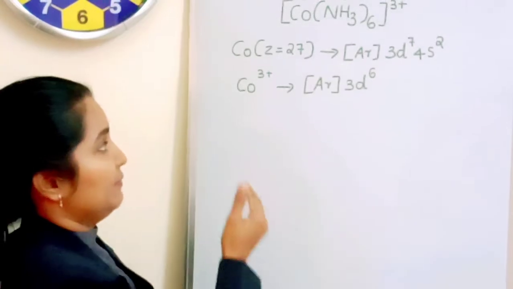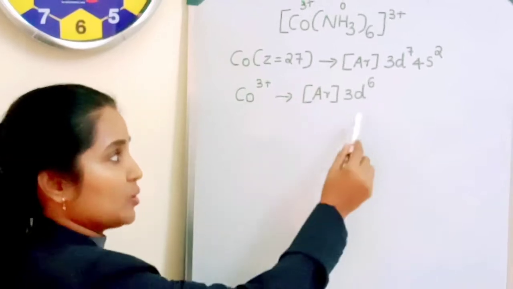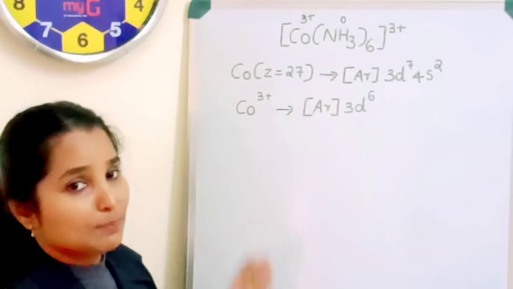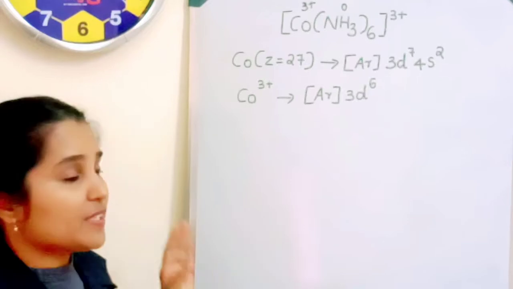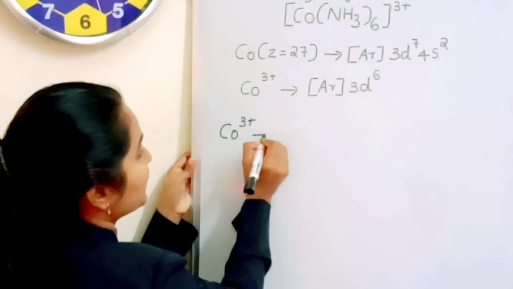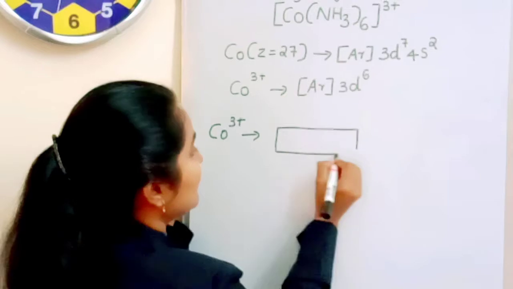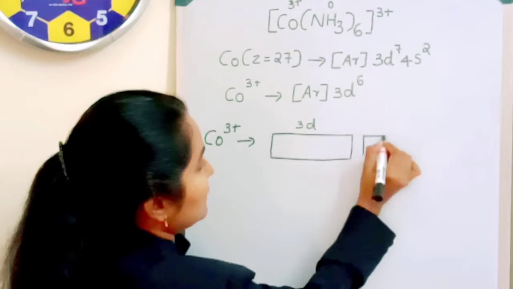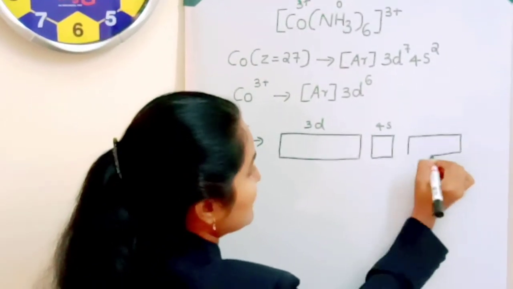Once we know the oxidation state, let's write its electronic configuration. Co3+ will have the electronic configuration argon 3d6, because 3 electrons are lost from that atom to form the Co3+ ion. Now let's consider the outer electronic configuration of Co3+ ion. It will have 3d orbitals, 4s orbital and 4p orbitals.